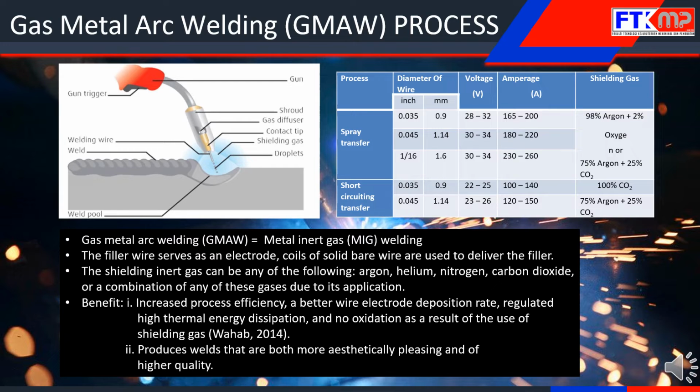In addition to this, the gas metal arc welding method produces welds that are both more aesthetically pleasing and of higher quality than those produced by the shielded metal arc welding process.